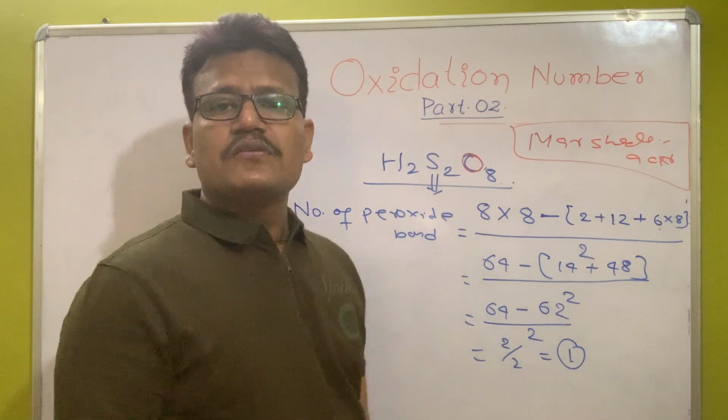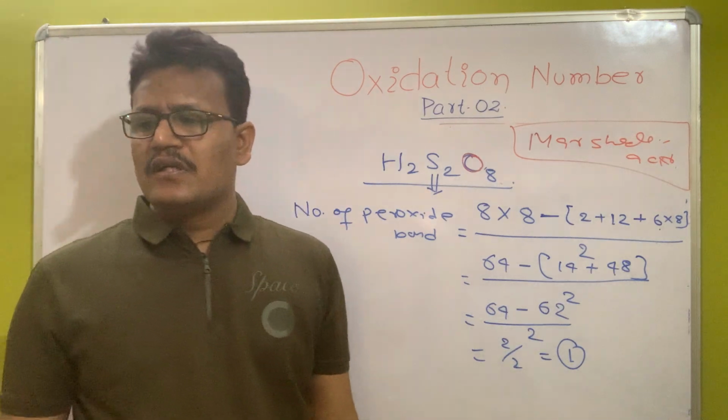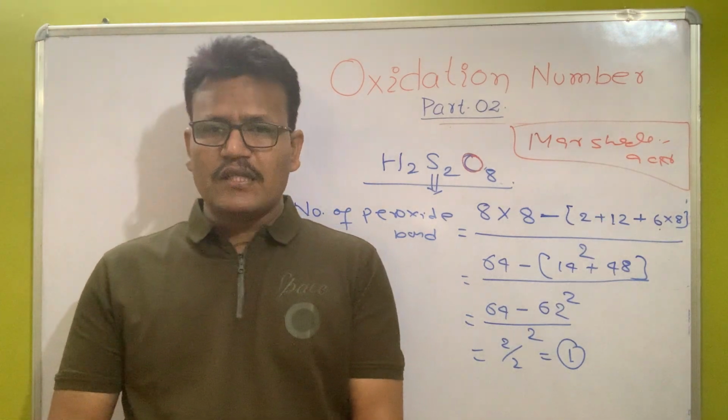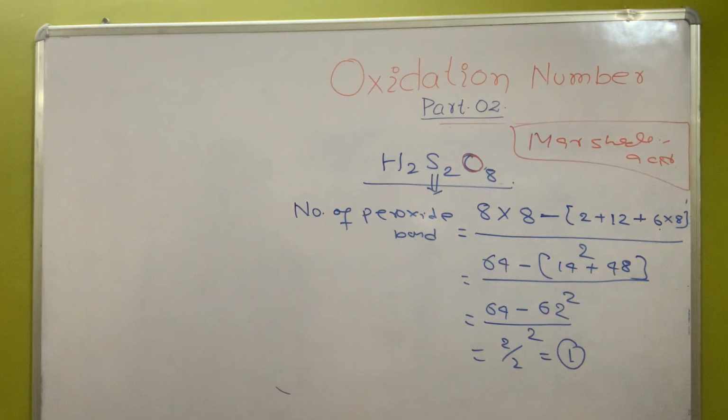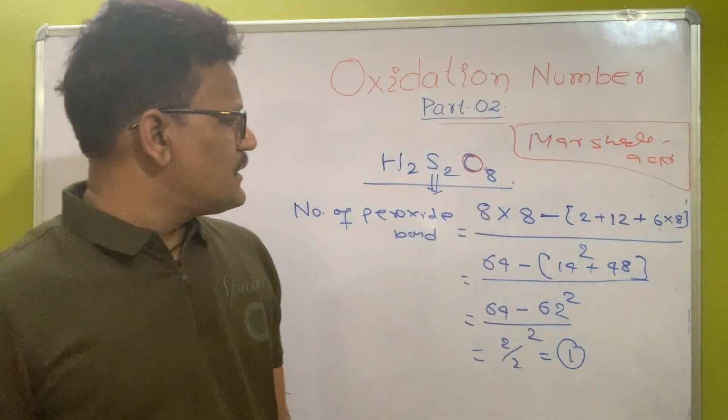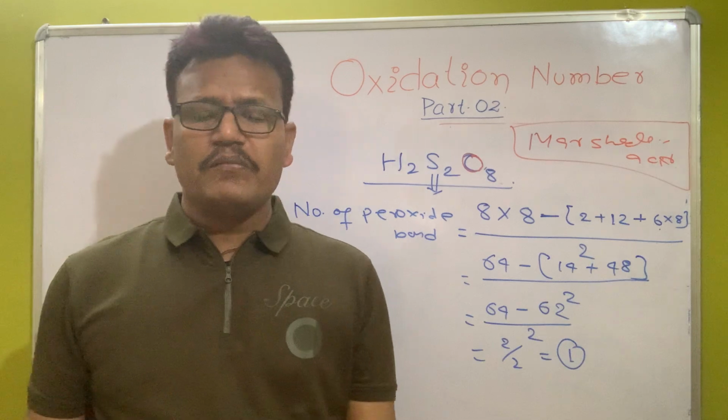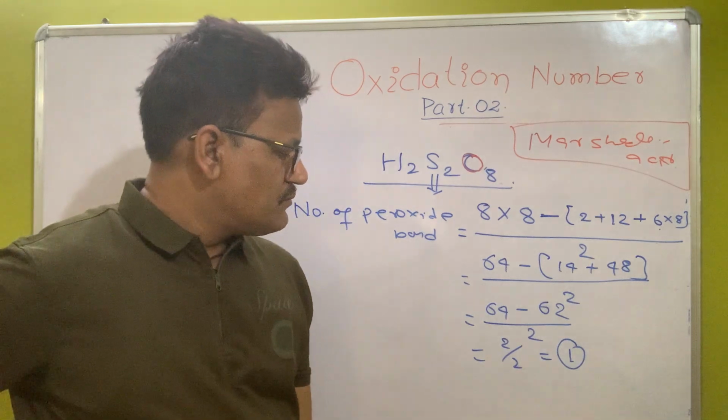So the number of peroxide bond in case of H2S2O8 will be 1.